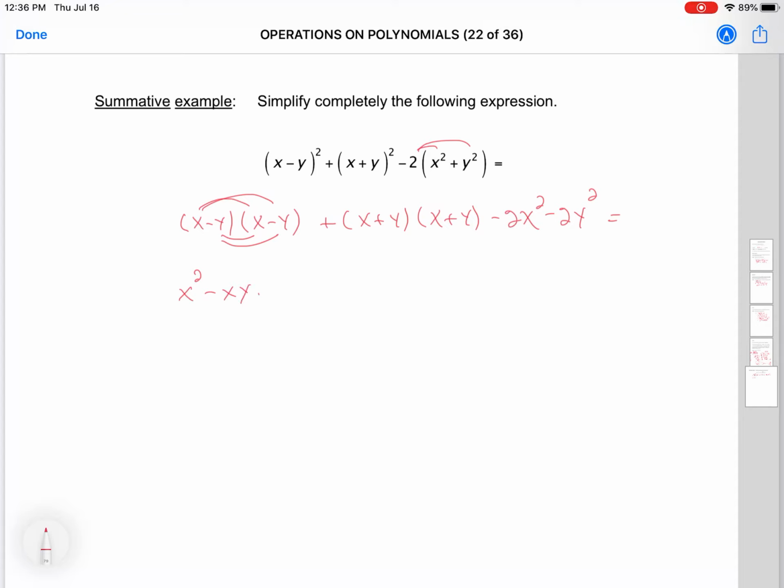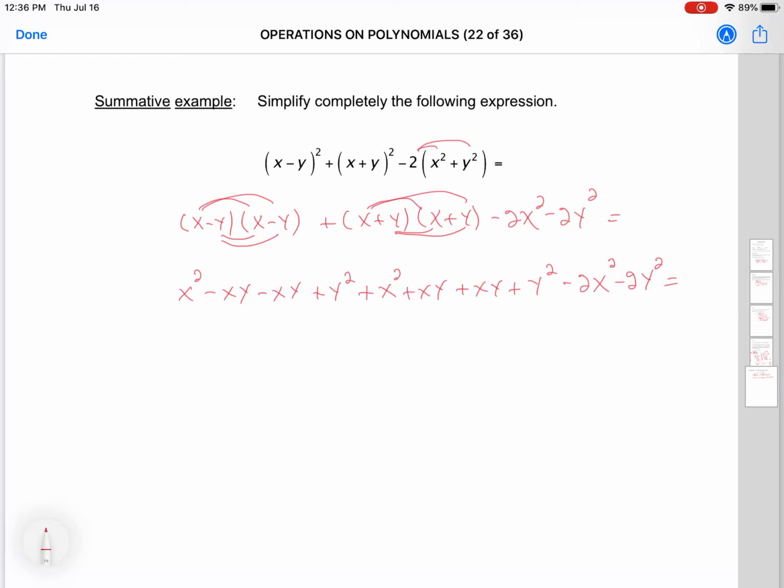That's going to be x squared minus xy plus y squared. Same mechanics here. So x squared plus xy plus xy. Everything's positive in this one. And here is minus 2x squared minus 2y squared.